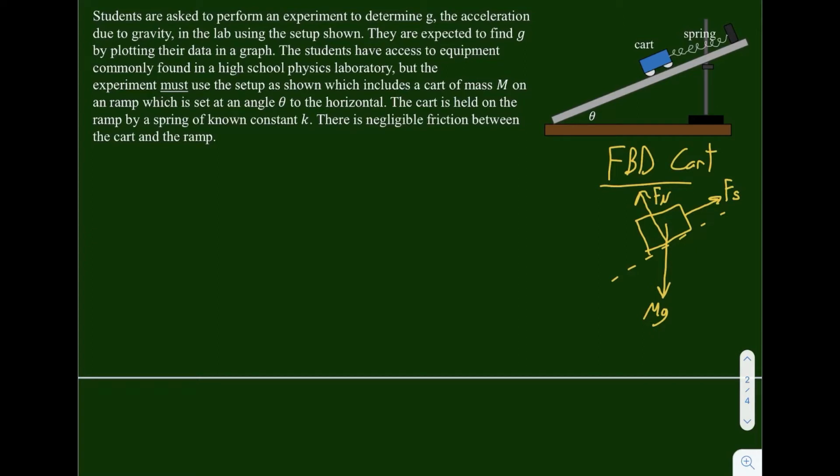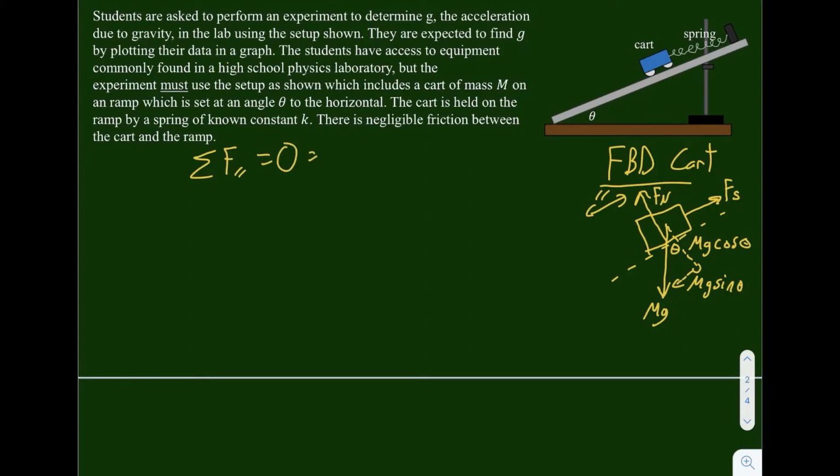And again, we're looking at forces parallel to the incline, so I have to split up mg into components. Mg cosine theta, that's the pressing force against the incline. That doesn't matter here, because there's no friction. And then mg sine theta goes downhill. That is what matters here. And then I'm going to sum the forces in the parallel direction, that's that way. And the cart's going to be at rest, so that's going to be 0.